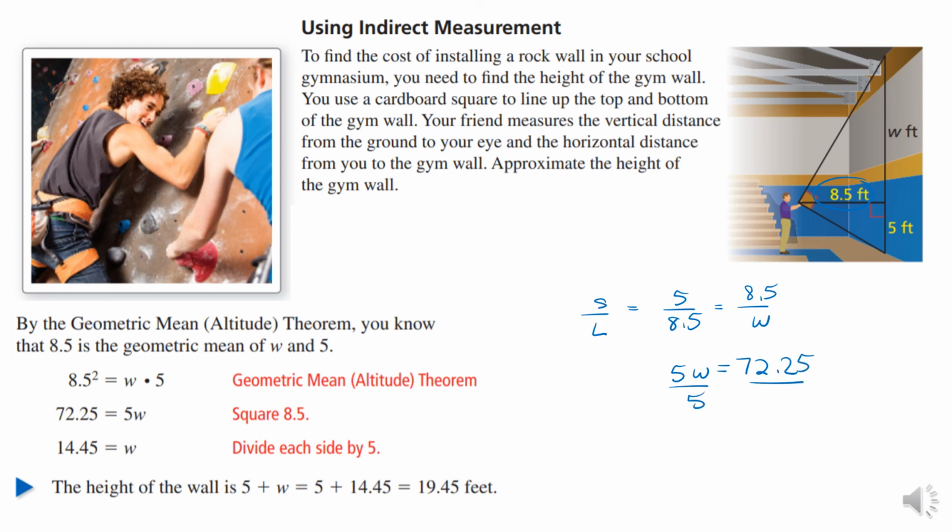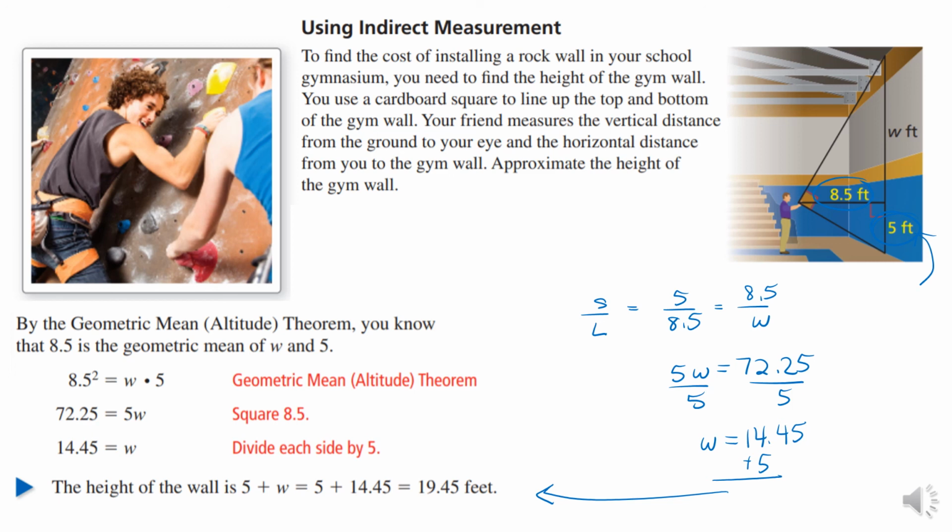Divide both sides by 5. And I get W equals 14.45. And then you would not forget to add the 5 that's down here. That's part of it right there. I used blue. So again, your answer is the same. Okay?